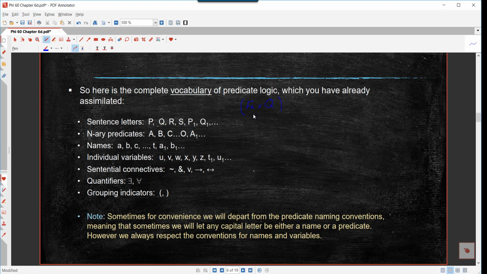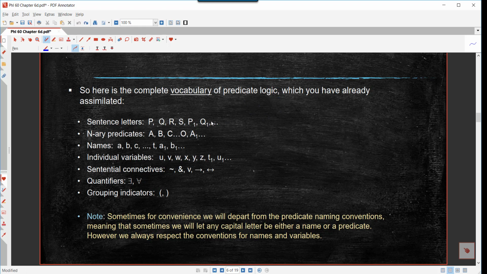And we actually will do that sometimes when we're translating, because occasionally you'll hit a sentence that is just beyond the resources of predicate logic to unpack. Predicate logic is still really, really simple. So when we encounter something like that, we might just say, well, this is just not translatable into predicate logic, so I'll go back to propositional logic and label the whole proposition Q or R or whatever.